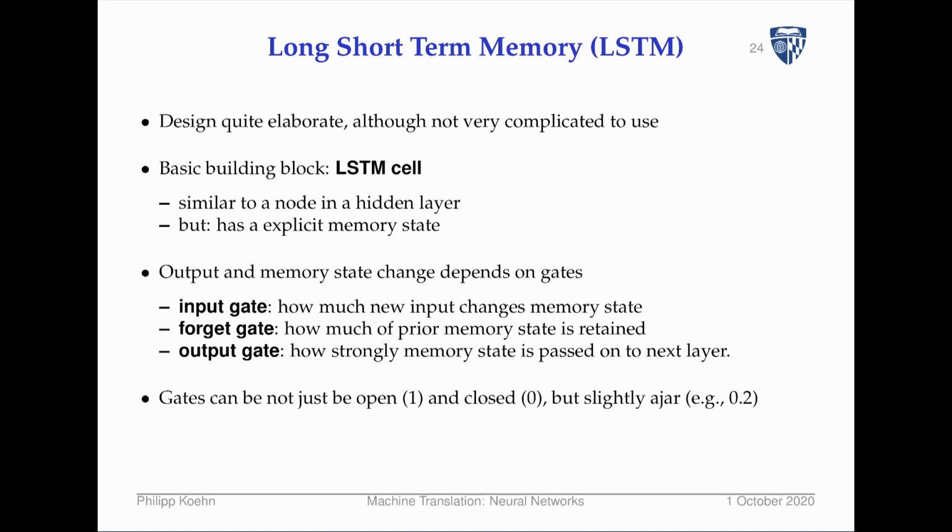One thing that it has is an explicit memory state. The hidden layer always had a state. In our examples, the hidden layer was a vector that functions both as a memory state and as the key to make word predictions. Now we actually separate these two roles.